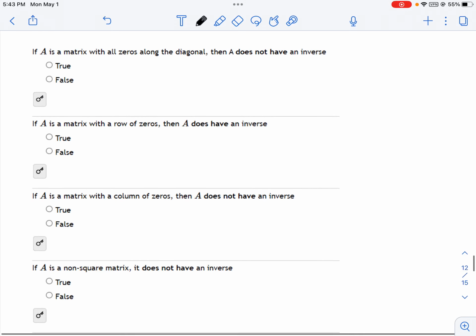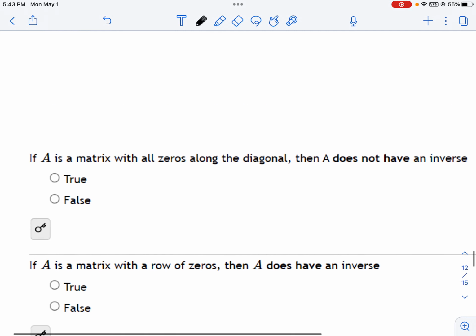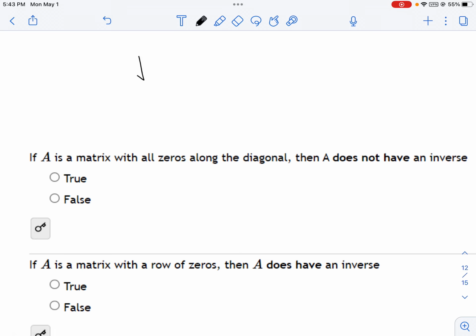But we essentially have: if A is a square matrix, important to note there, with all zeros along a diagonal, then A does not have an inverse. Now keep in mind, in order for any square matrix to have an inverse, the determinant of the matrix, whatever that matrix may be, cannot equal 0.